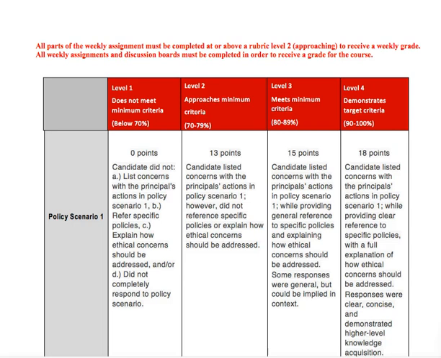If you look at your discussion boards and decide that they're not worth doing because they're only worth a few points, you're not going to get a grade for this course. So please make sure all parts of your assignments and your discussion boards are completed in order for you to receive a grade for this course.